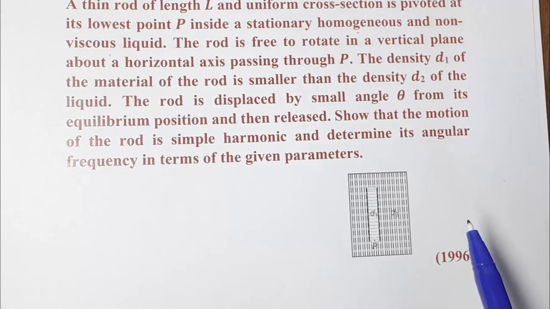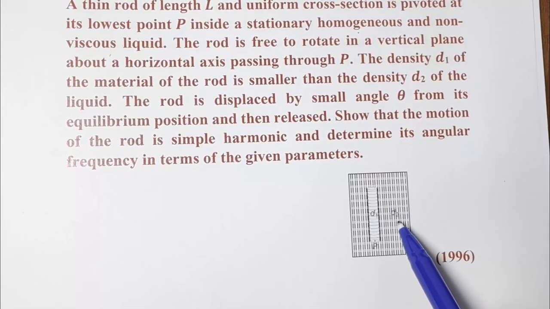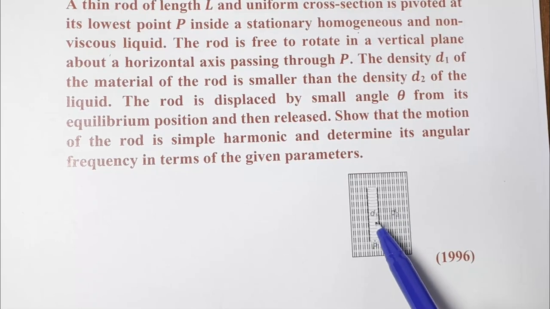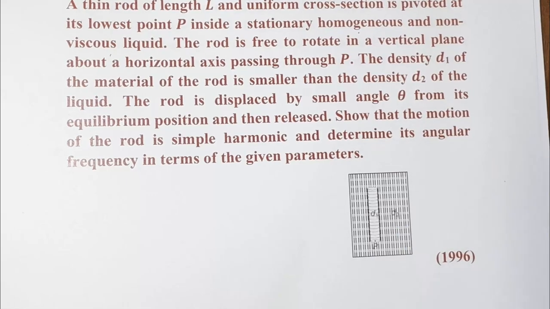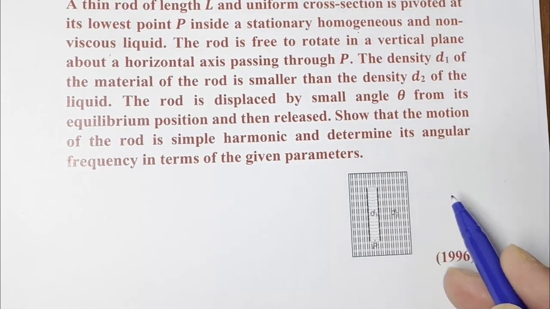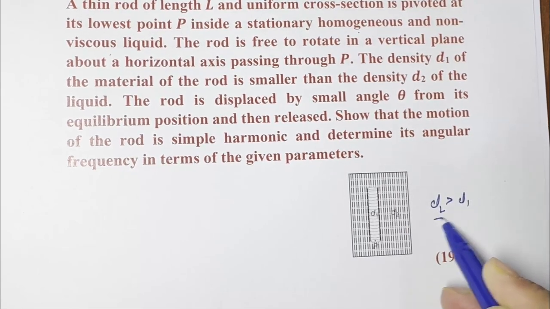So we are given this vertical rod. That's the rod which is in the vertical position. The density of the rod is D1, and the density of the liquid is D2, and it is given that the density of the liquid is greater than the density of the rod.